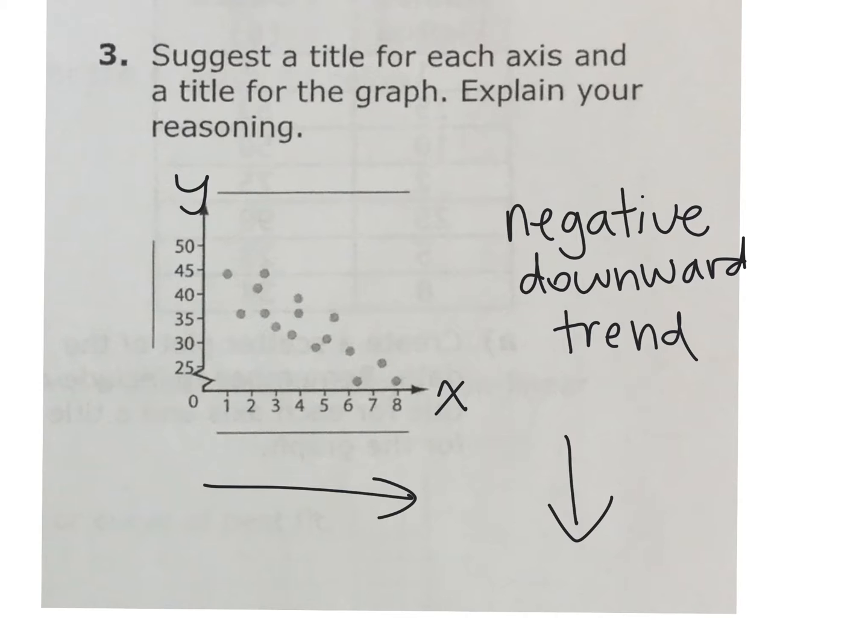The example Daniel gave was, we're looking at time in years and cost in dollars, and you're looking at video games, right? So Daniel said, as time passes, every single year, the price of a video game goes down. Would you guys agree?